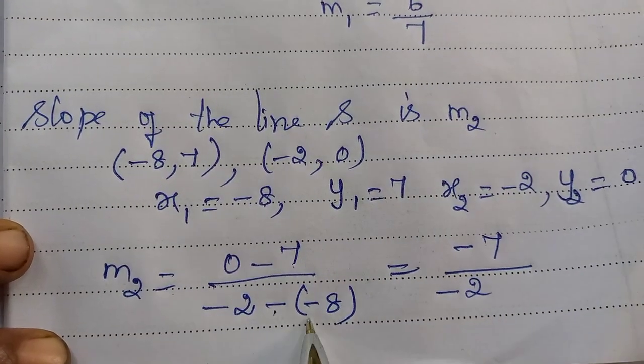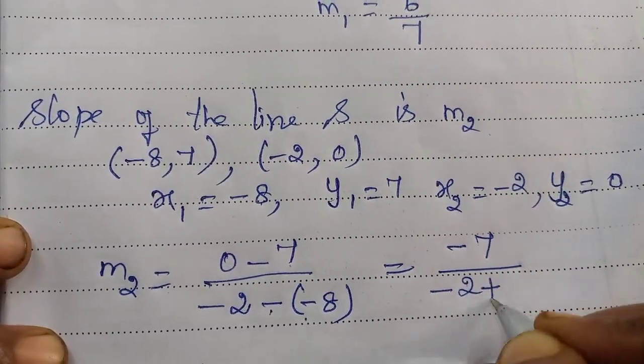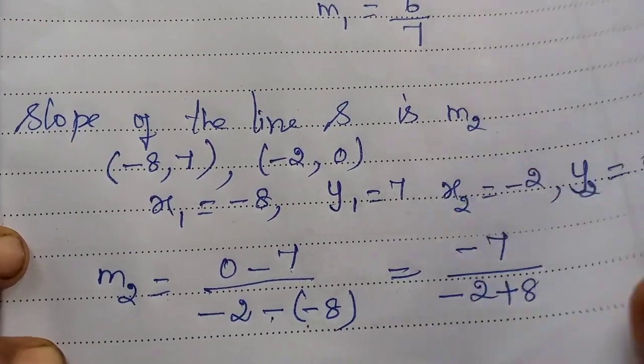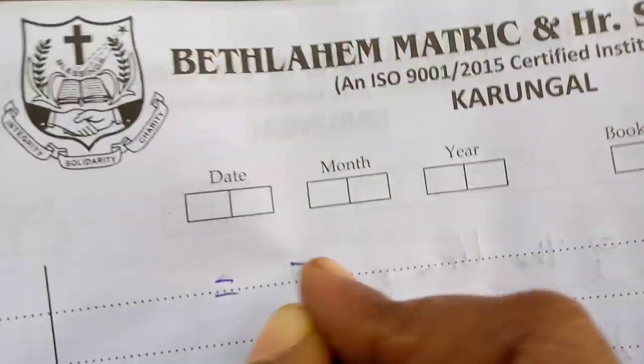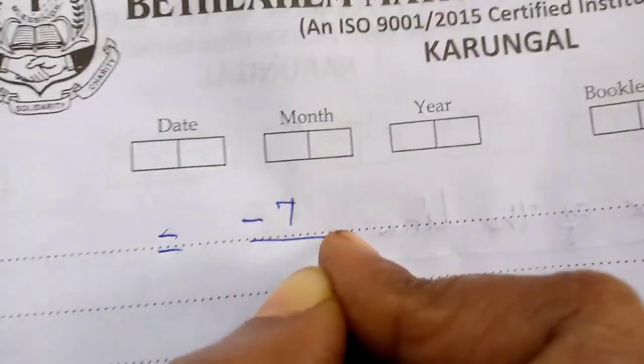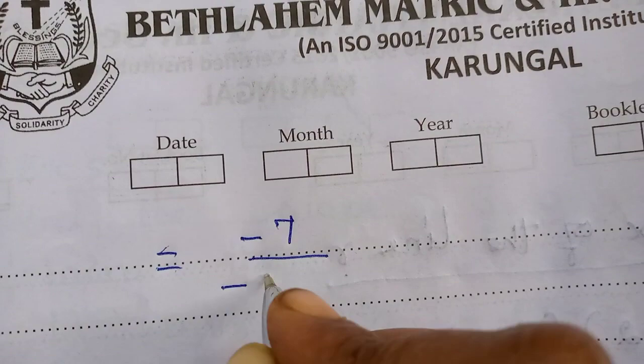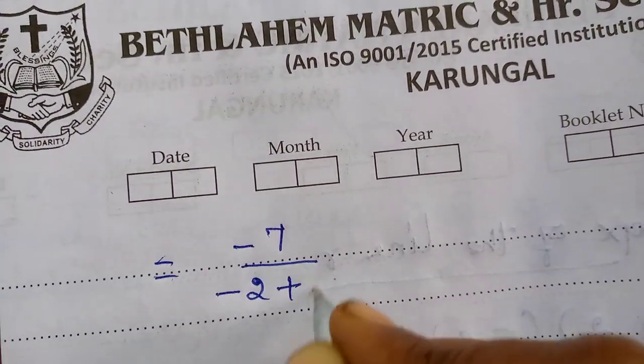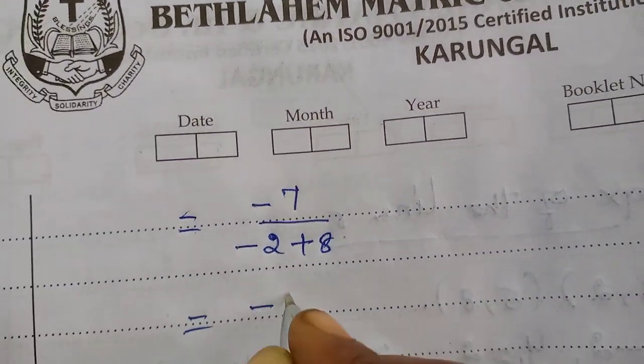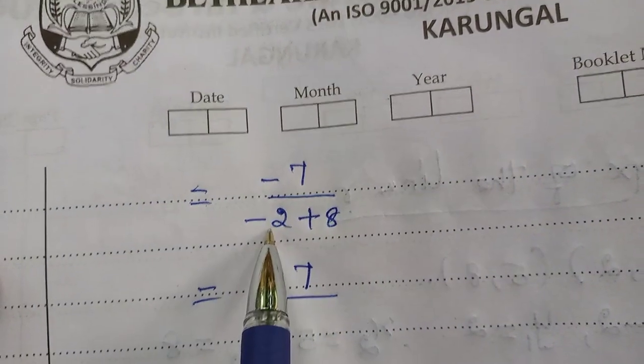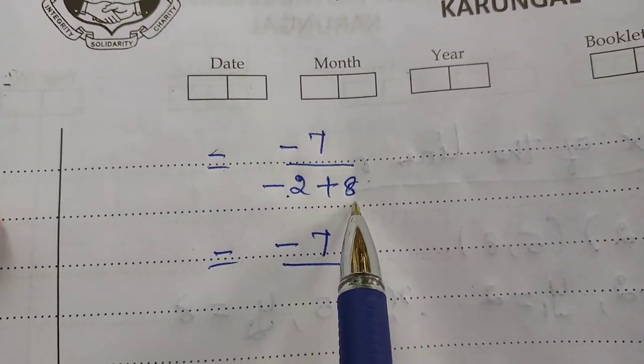Here minus into minus becomes plus 8. Okay. That is minus 7 divided by minus 2 plus 8, which is equal to minus 7 divided by, what is minus 2 plus 8?